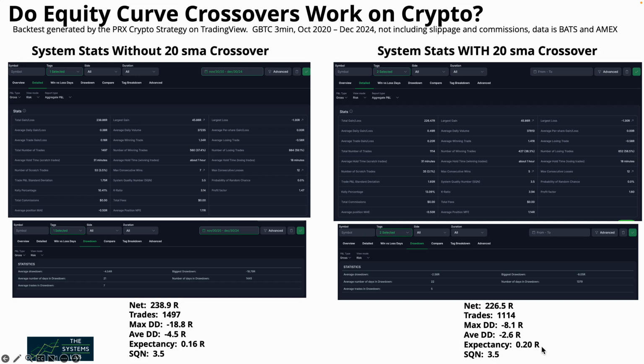However, this is an intraday system and we see an expectancy of 0.2 R. So for me, that is fantastic. That gives us an expectancy from a swing trading system or above, but on an intraday time frame. And again, we have an SQN of 3.5, which by Dr. Van Tharp's standards would make this an excellent system.